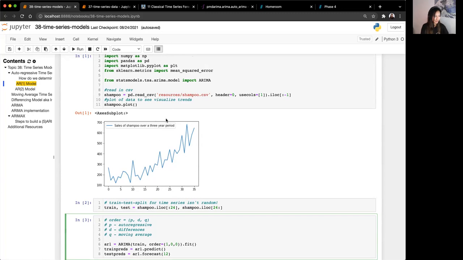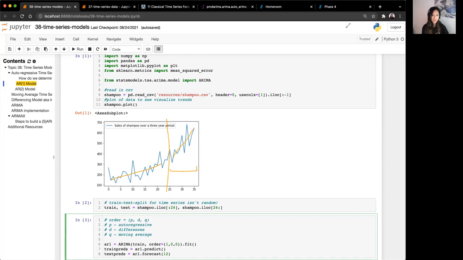because I know that this is 3 years of shampoo sales. Let's just say I'm taking my train set to be the first 2 years, and the test set to be this last year. And you can see why there could potentially be issues in the data itself. It looks like the trends are kind of different between my train and my test set. This is something that in your projects you can definitely look out for as well.